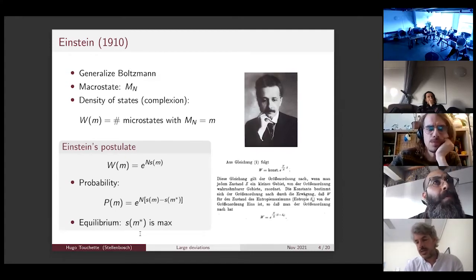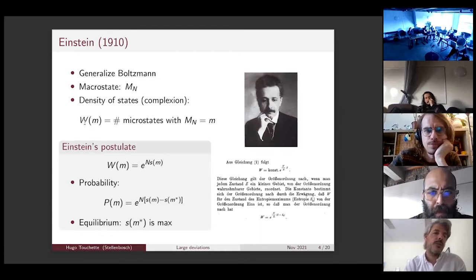Now, as you can imagine, in that case, you cannot do the counting. So what Einstein actually did is to reverse the reasoning. He would say, we cannot do the counting from a microscopic level. What we'll do instead is say that the number of microstates that have a given macro state is actually given by the entropy. So these are Einstein's postulates.